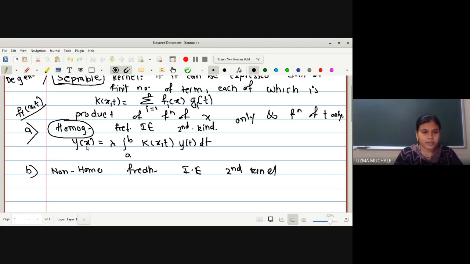First we will see the Fredholm integral equation of homogeneous type and second kind. As it is second kind, g of x is 1, and as it is homogeneous, f of x is 0. And what is given to us? It is having a separable kernel. So instead of k of x t here, we can substitute this one. Have you understood separable kernel?